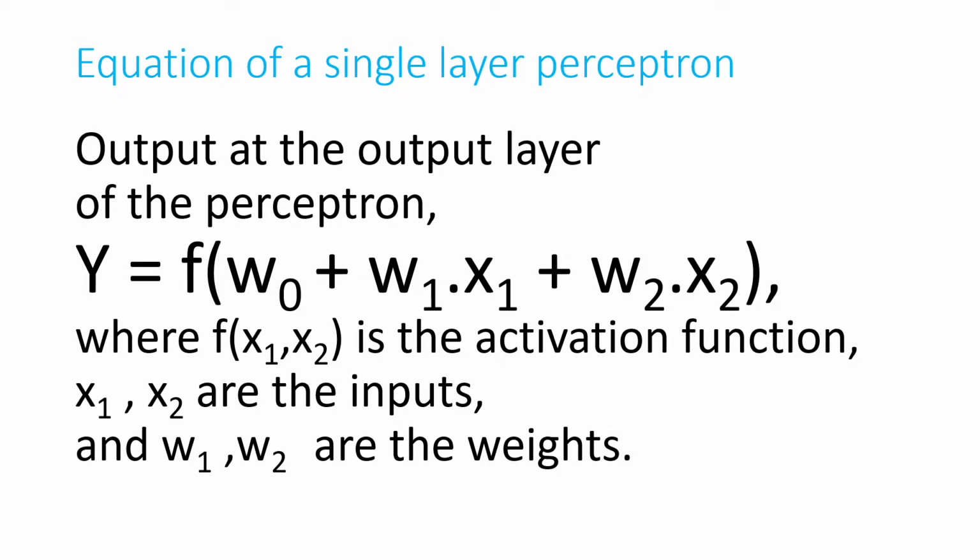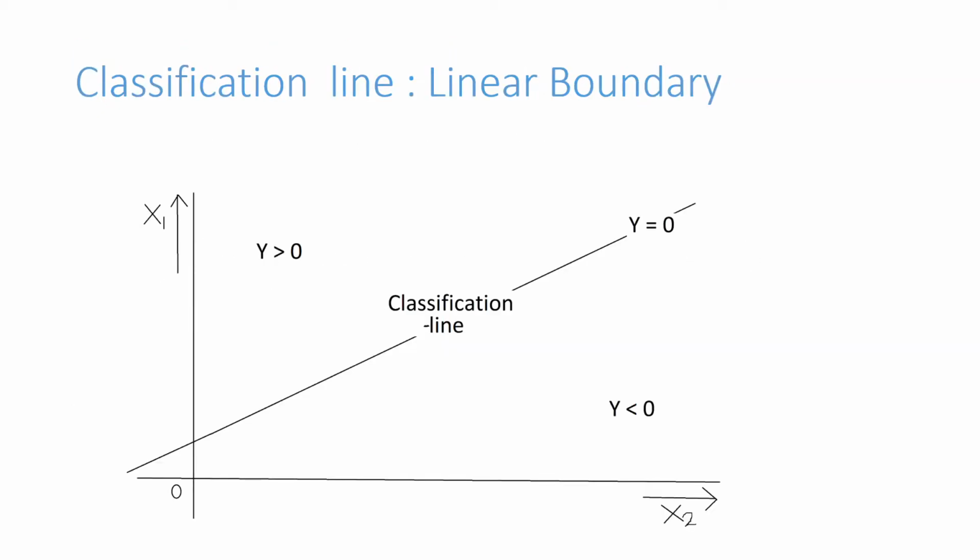You can see at the output layer we have the actual output as the activation function of the weighted sum of inputs. This classification line is a linear boundary which divides the feature plane into two parts. This classification line is produced by the perceptron using the training data.